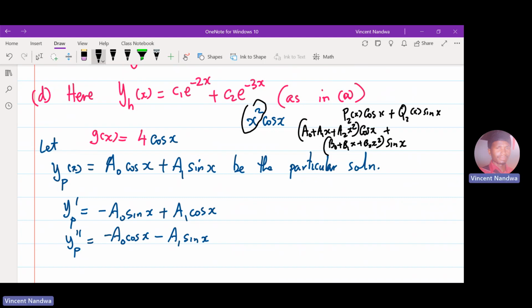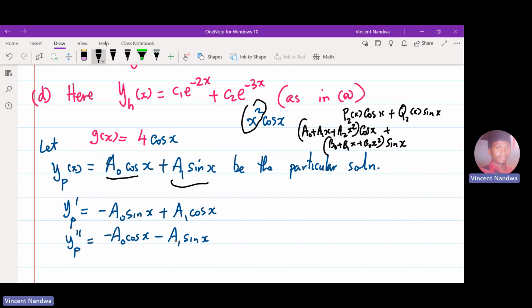So the key thing is that when you see a cos, then sine comes into the picture, both sine and cosine. There is a part that involves the cosine, and a part that involves the sine. Remember this constant is different from this other constant. We are using different letters to denote the constants here.